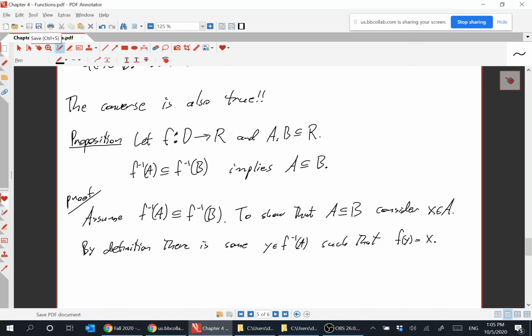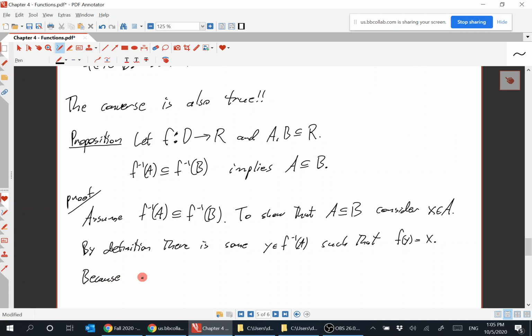Okay. So what can we now say about y? y is in the preimage of A, which is inside the preimage of B as well.